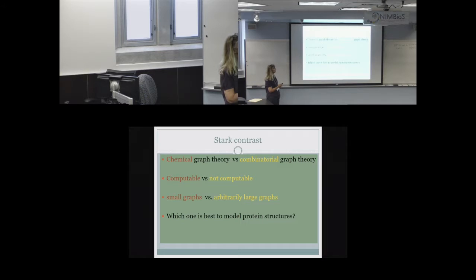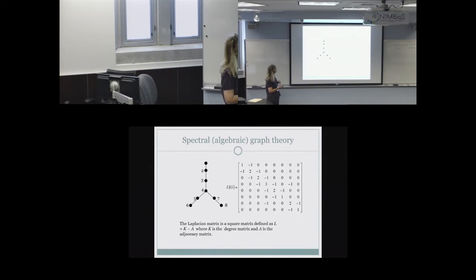But typically in graph theory you're not looking at just small graphs. You want to let your graph be arbitrarily large, whereas in chemical graph theory you're usually working with small molecules. So while I was looking at all of this, I was thinking about using graph theory to model protein structure, and we still need to keep looking, I think. So we'll keep looking, and go on to spectral graph theory.